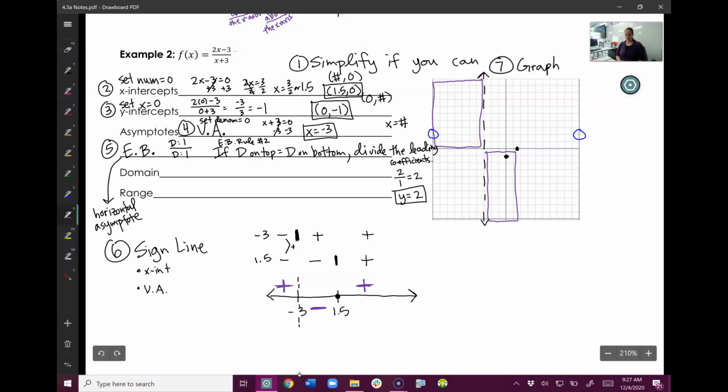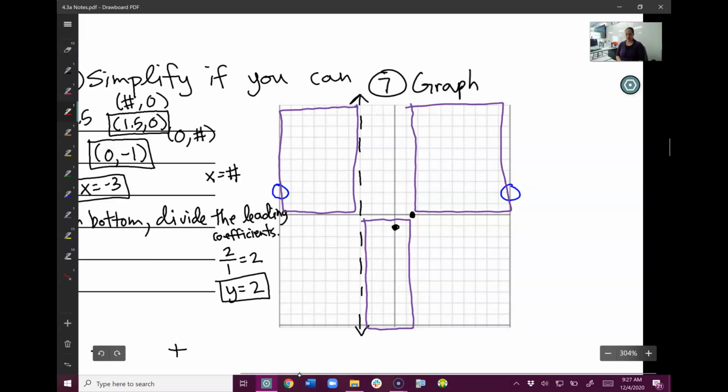And you'll notice this time I actually put my signs above or below. That's just a little memory trick to help you remember which part of the graph you're boxing. Then to the right of 1.5 needs to be positive, or above the x-axis. There we go. And now we graph.